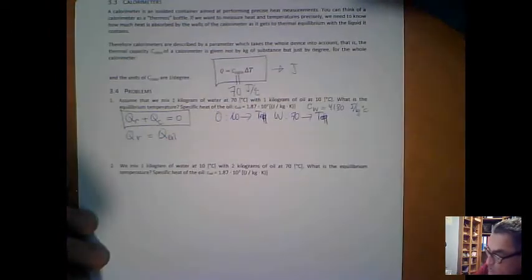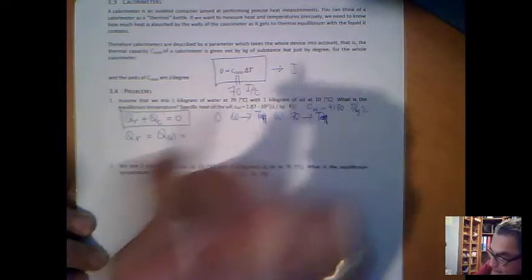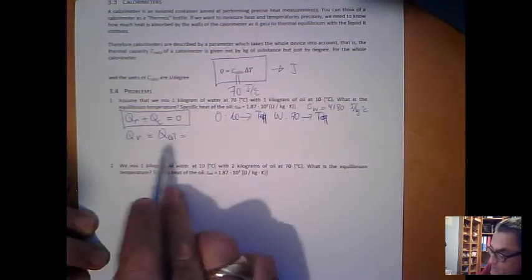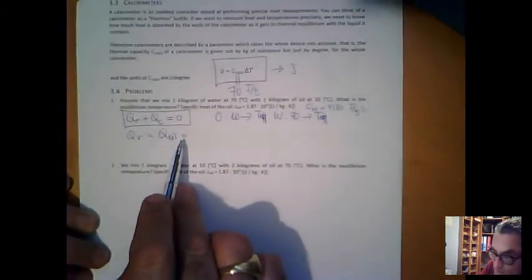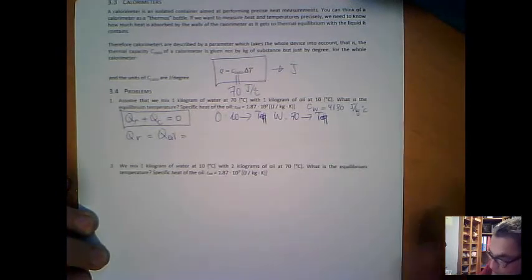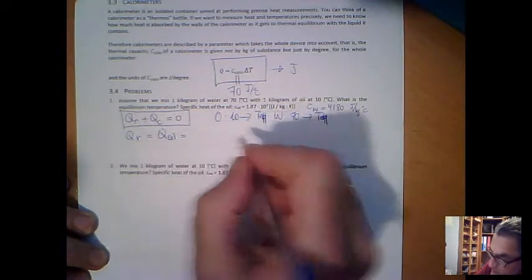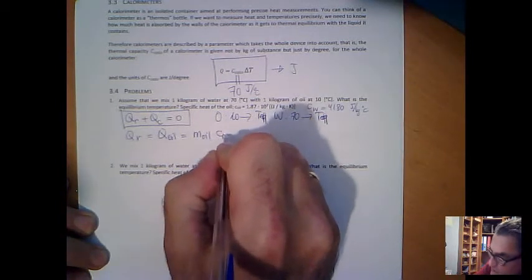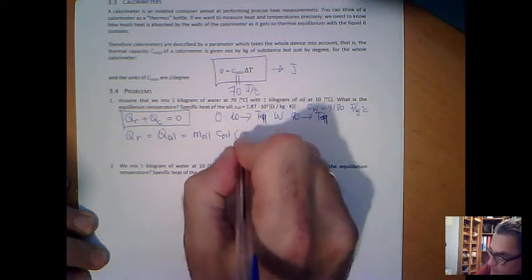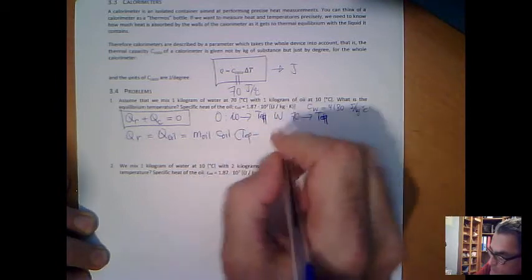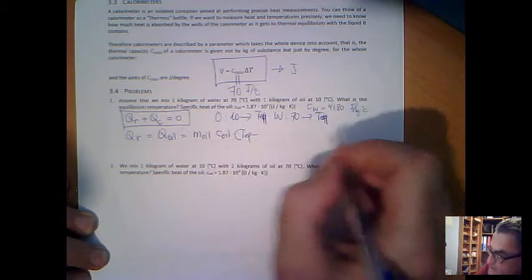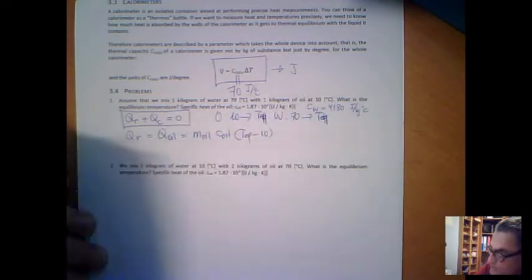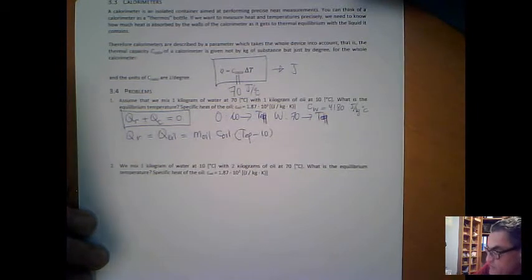This is the Q of the oil. And is this going to be positive or negative? It's going to be positive because it's received, okay? So for the oil, we have the mass of the oil, we have the C of the oil, we have the equilibrium temperature minus the initial temperature of the oil, which is minus 10. Okay?